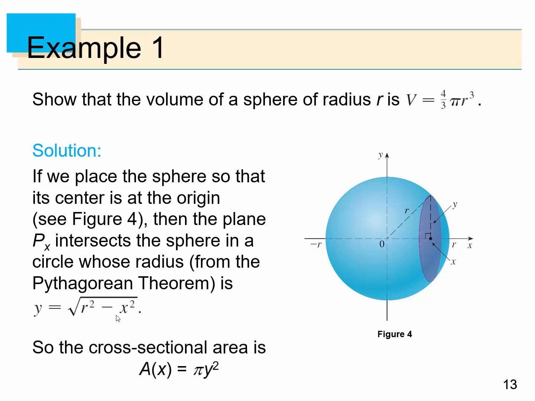So the cross section of this thing is going to be pi y squared. But if we want to integrate with respect to x, because these are vertical slices, we have to let the vertical slices roam left and right. So we have to have a change in x, and we're going to have to integrate with dx. So we need to rewrite this in terms of x.